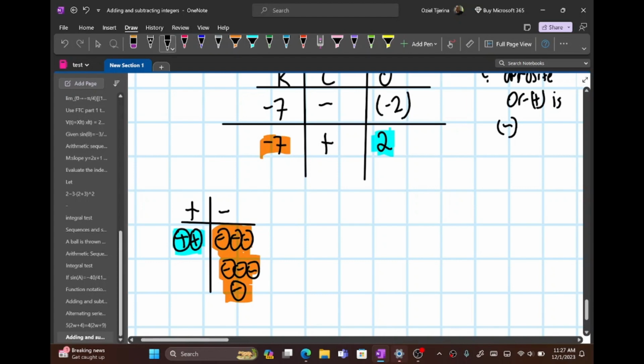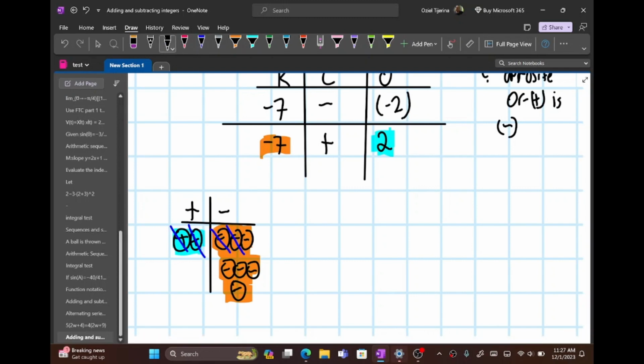But be careful, we're going to cross out 1 negative for every positive. So 1, 1, 2, 2. And how many do we have left over? We have 1, 2, 3, 4, 5 negatives. So negative 7 minus negative 2 is going to be negative 5.